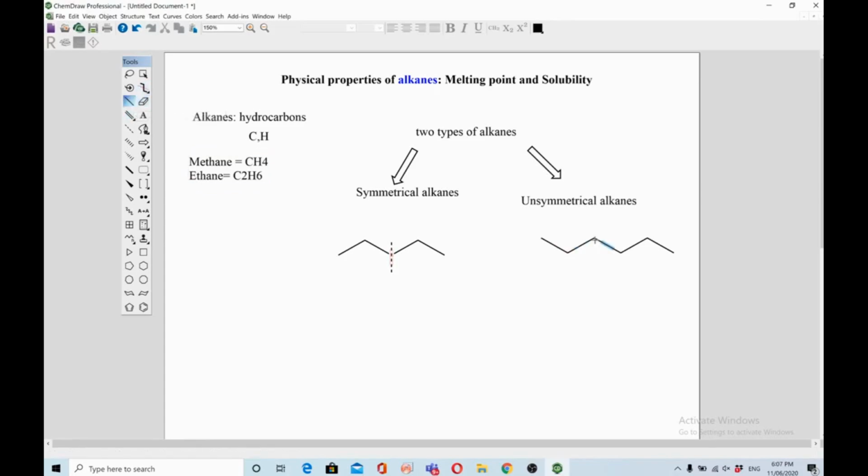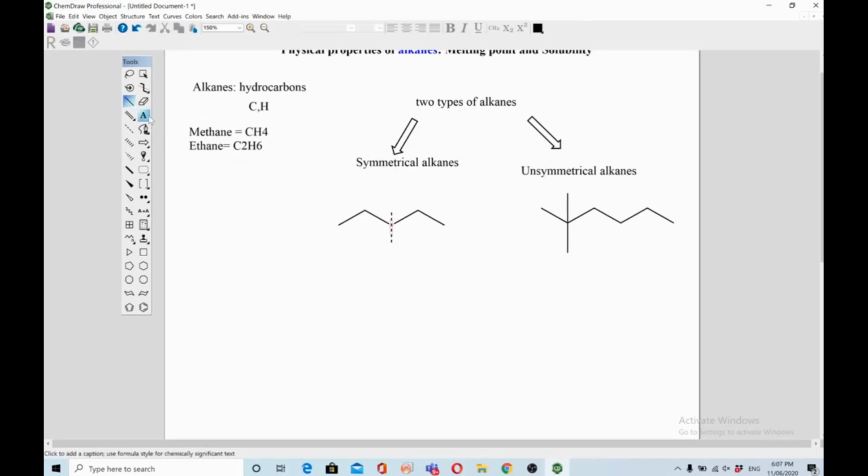This is unsymmetrical alkane because this is a different structure than this one. So these symmetrical and unsymmetrical alkanes will play a crucial part when we determine melting points of alkanes.